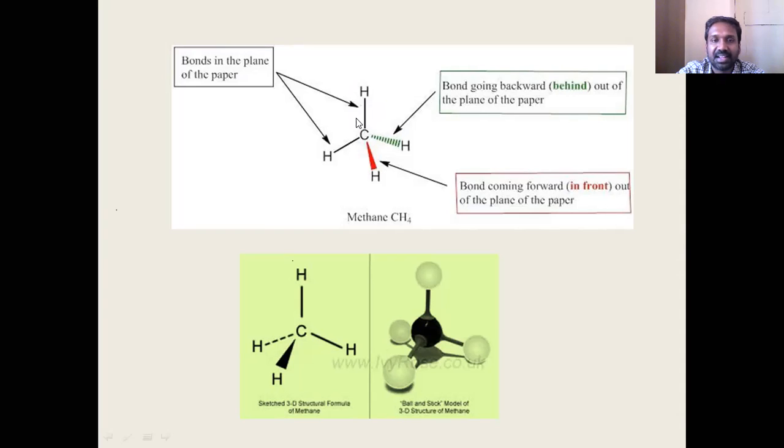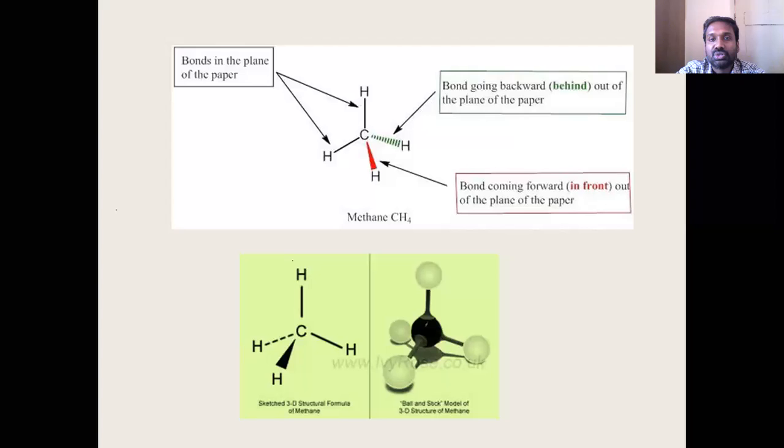Simple. Is it not? How to represent the remaining 2 hydrogens which are out of plane, towards and away from you? The solid wedge, please remember, represents an atom out of the plane and towards you. The dashed wedge or a dashed line is out of the plane, away from you.